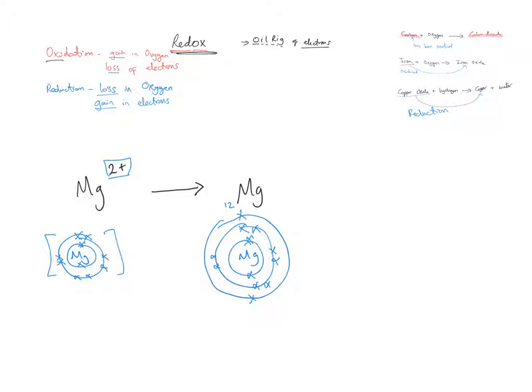Well, for that to happen, this magnesium had to gain 2 electrons. Electrons are negative, so to send it from 2+ back to neutral, you would have to gain 2 negative electrons. Gaining electrons we call reduction. So magnesium 2+ has undergone reduction to form magnesium.